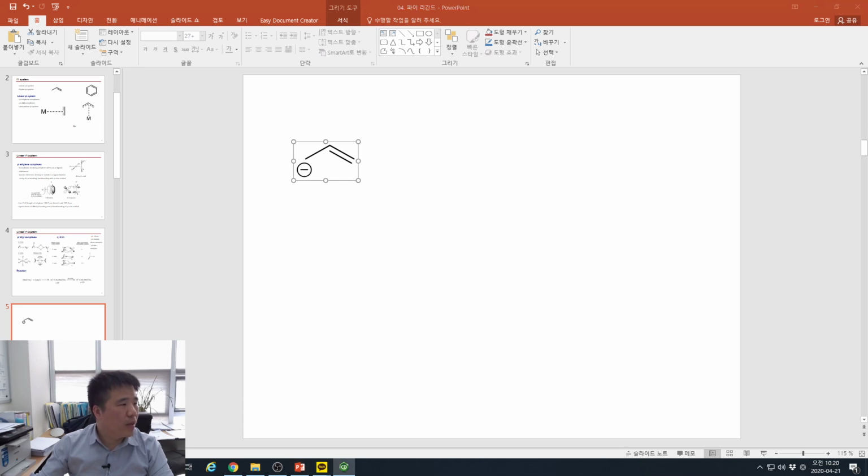However, if you think about the resonance of allyl, you can easily figure out this allyl has a resonance structure, like this.